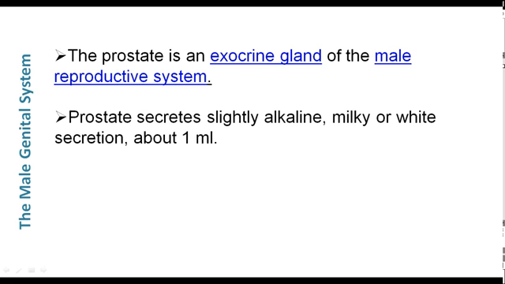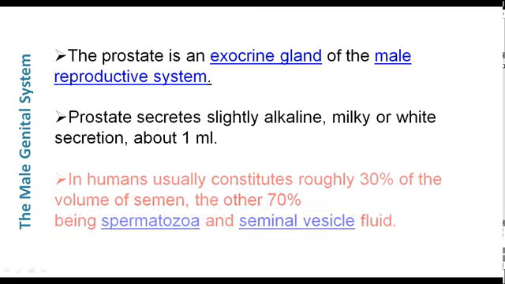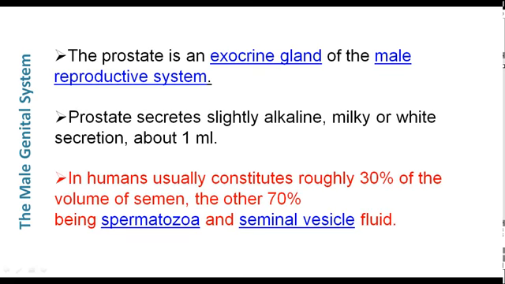But the prostate gland has a very important enzyme, acid phosphatase, that is used as a marker of prostatic activity. In humans, the prostatic secretion usually constitutes roughly 30% of the volume of semen. The other 70% is spermatozoa and fluid of the seminal vesicle.